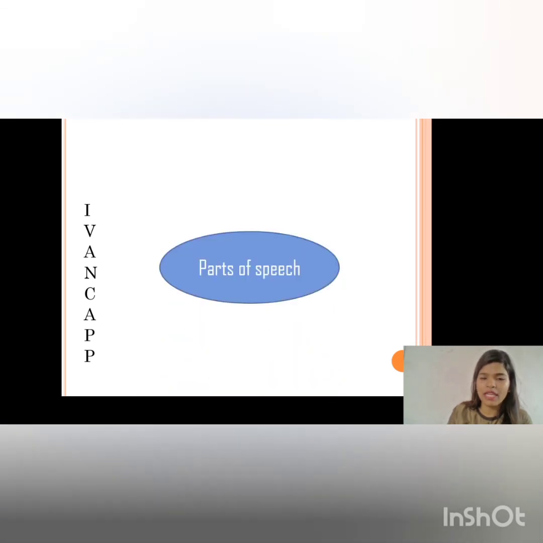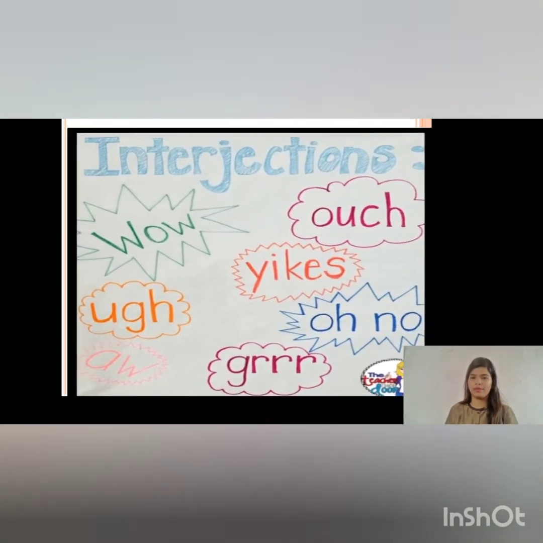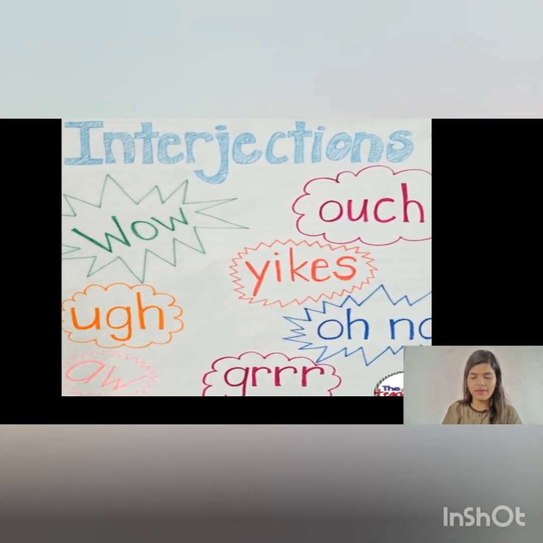See the parts of speech, starting with interjection. In the last class, we discussed it with two examples. Hi, I'm Ria. Ouch, I got hurt. But here are some more words to express sudden feeling in a better manner, like wow, oh no, ow, ouch, yikes.